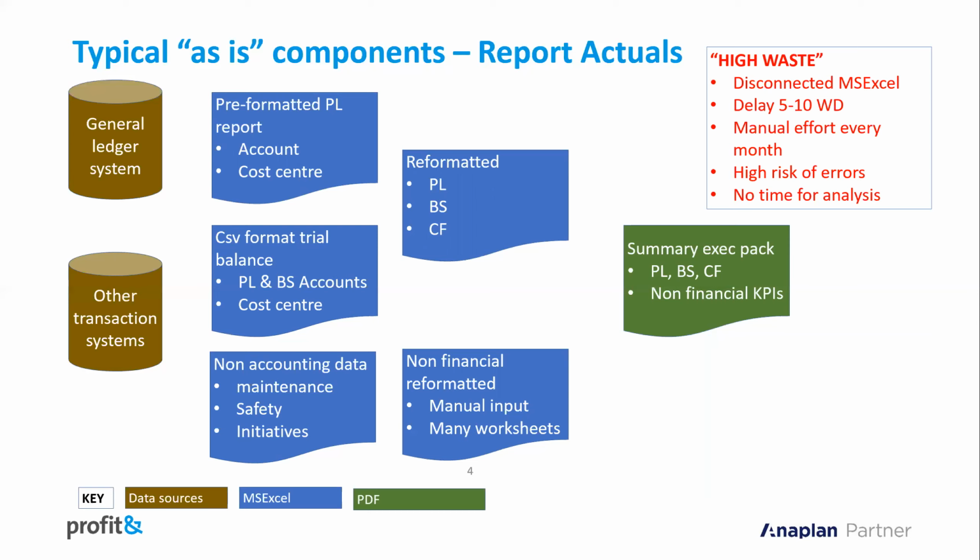And the worst part is the risk of errors, where numbers are being transposed from one spreadsheet to another. And another really harmful thing to the credibility of finance is there is absolutely no time for any creative or intelligent analysis.